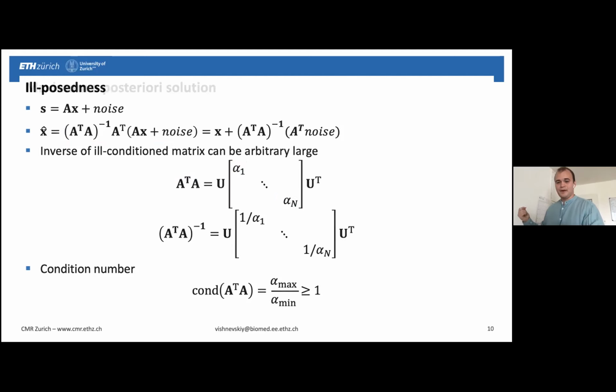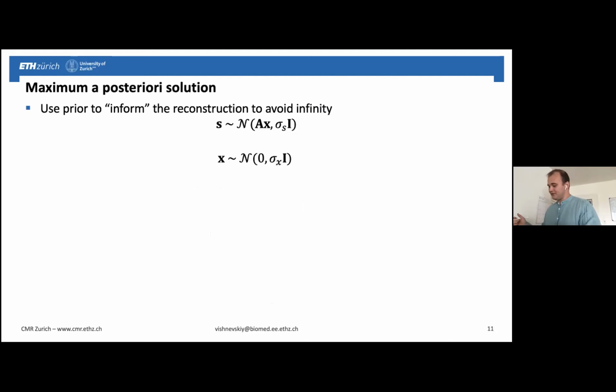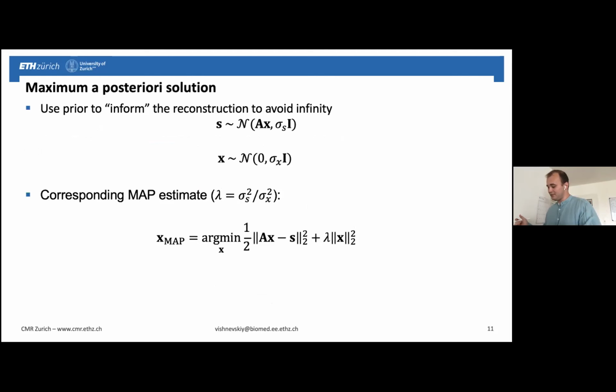From the Bayesian perspective, we can build up the regularization, but it's also very intuitive, because remember our solution just went to infinity. So maybe instead of only optimizing the reprojection error, we also want to penalize the solution for getting too high in its magnitude.